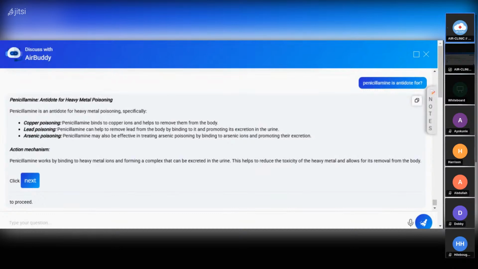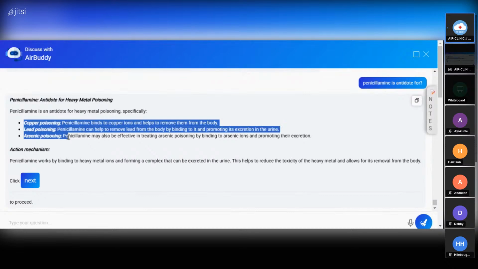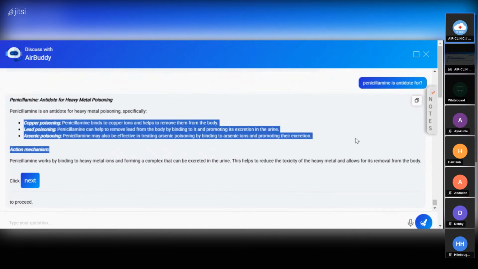It's an antidote for copper poisoning, lead poisoning, arsenic poisoning. So basically, it's heavy metals.